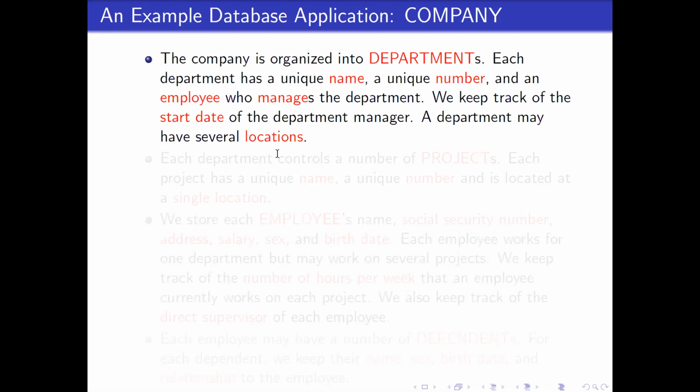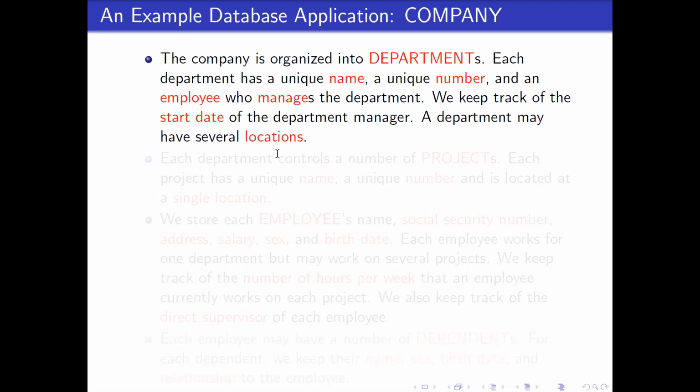The description starts with saying that a company has a set of departments, and each department has a name, a number, and a manager, an employee who manages the department.